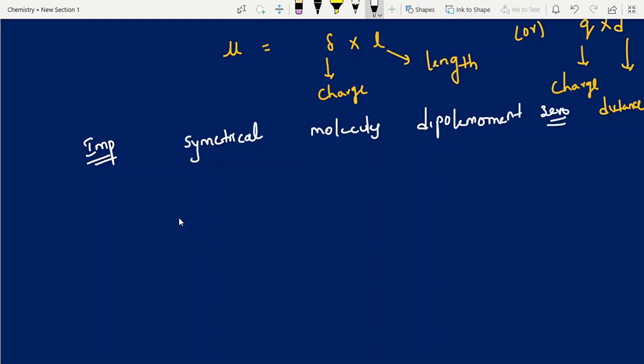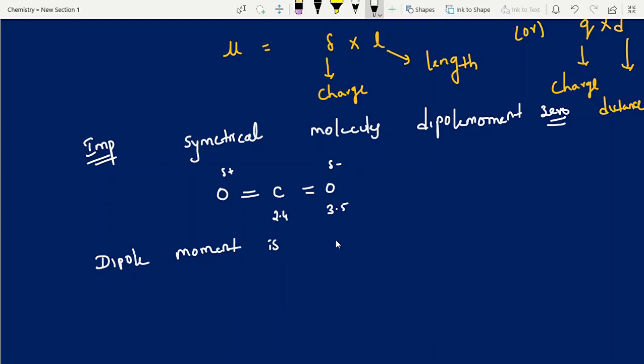Look into this. Suppose I have taken carbon dioxide. Between carbon and oxygen, who is more electronegative? Oxygen is more electronegative, 3.5, and carbon is 2.4 something. If there is a difference, definitely opposite charges develop, right? And the next important point is that dipole moment is a vector quantity.